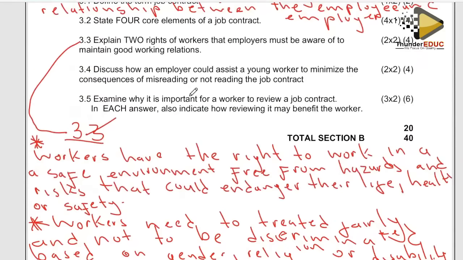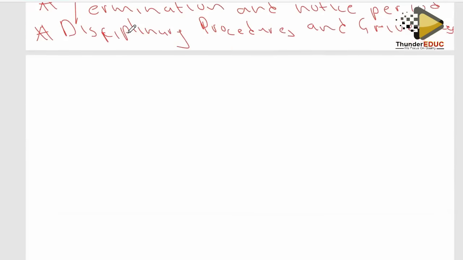Now, 3.5, examine why it is important for a worker to review a job contract. In each answer also indicate how reviewing it may benefit the worker. So in this case, we need to provide detailed explanations. I'm going to go to the whiteboard again.